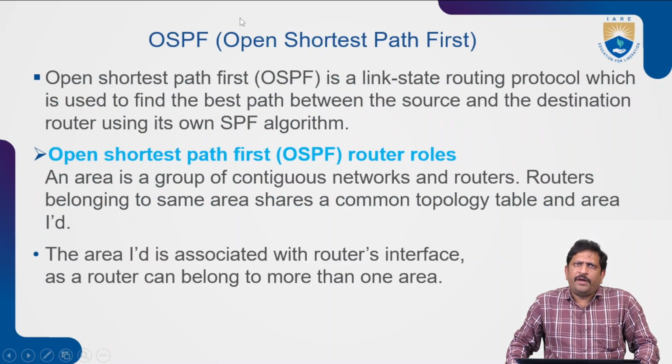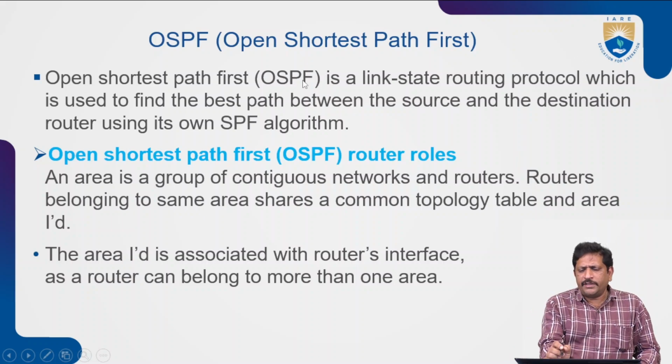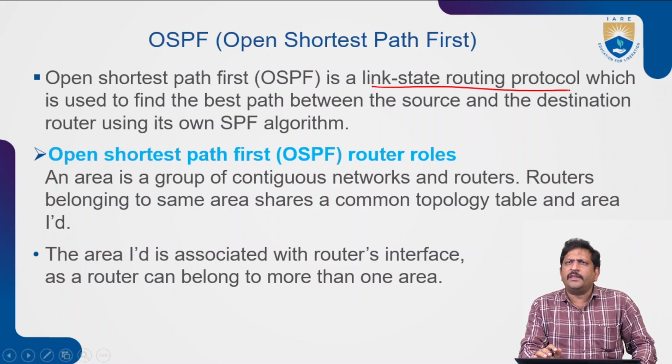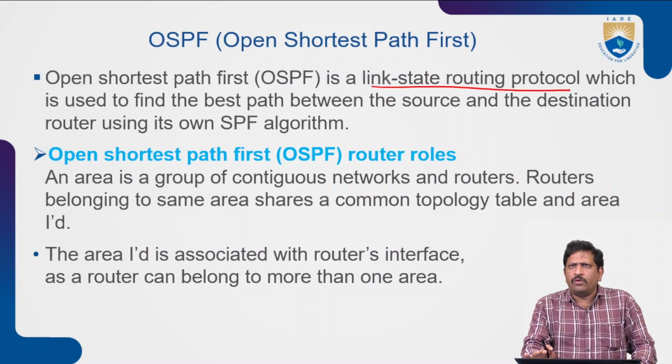Introduction to OSPF. OSPF, that is Open Shortest Path First, is a link state routing protocol. That means it links a number of routers over the same network or different networks.